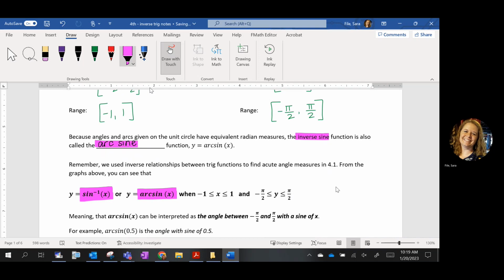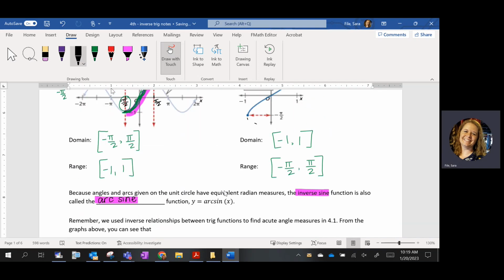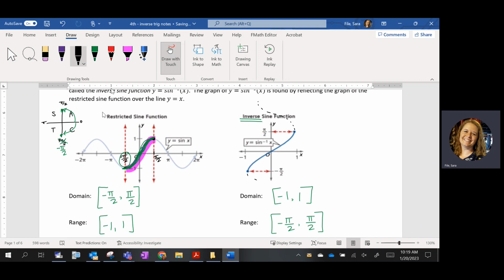So when you have a question like this, your answers are always going to come from two quadrants for inverse sine. Looking back up at this picture I drew, if we go from negative pi halves to positive pi halves, what two quadrants is that? 1 and 4. What is sine in quadrant 1, positive or negative?